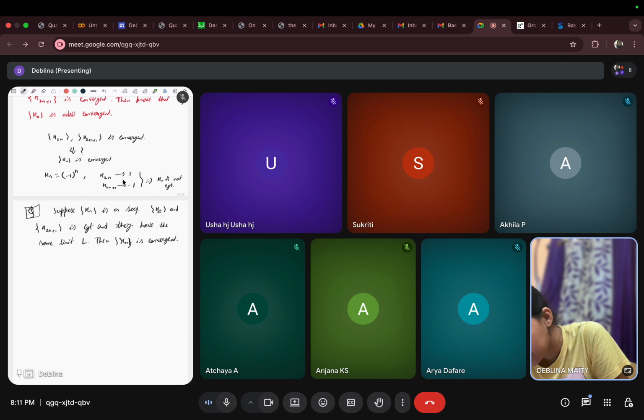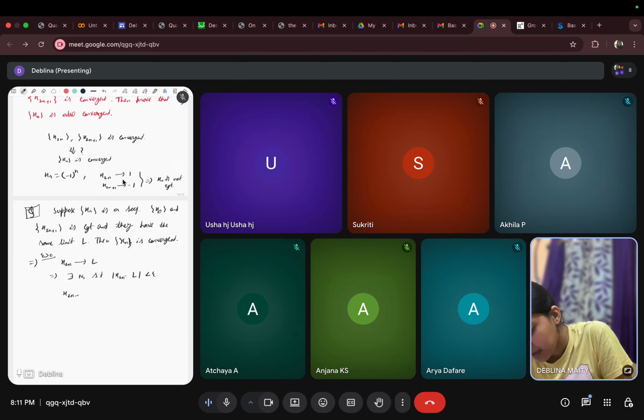Since they are converging to the same limit, x2n converges to L. This means what? Suppose epsilon is given, there exists n1 such that x2n minus L is less than epsilon, right?